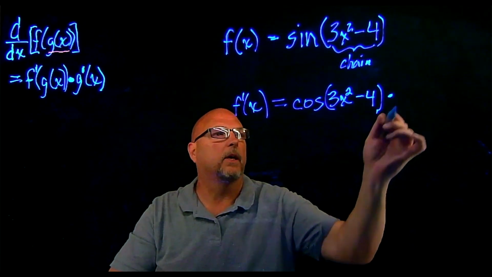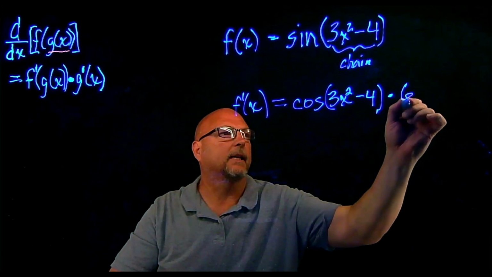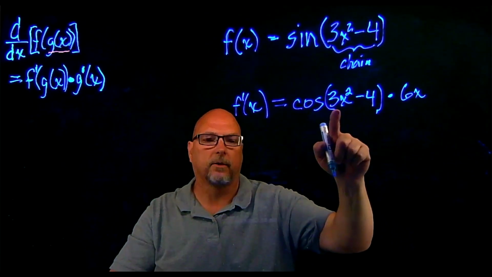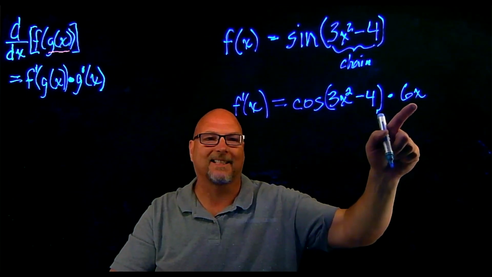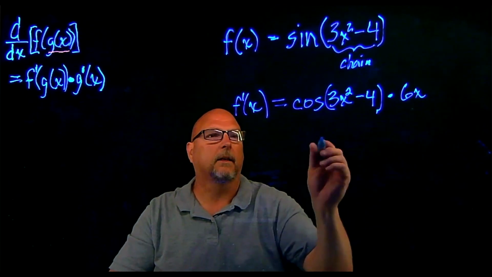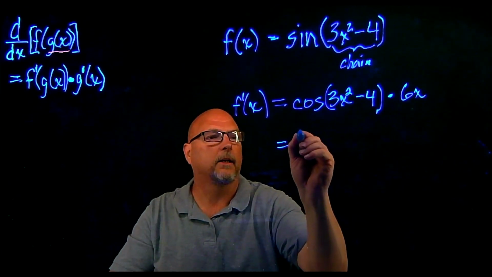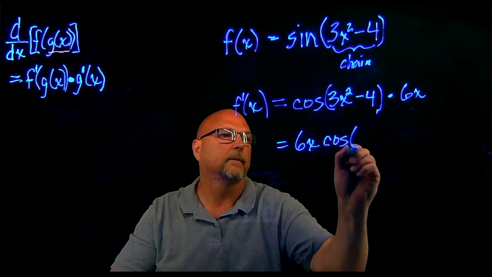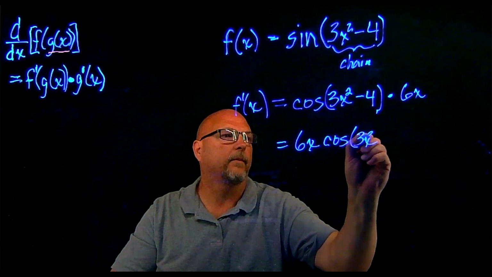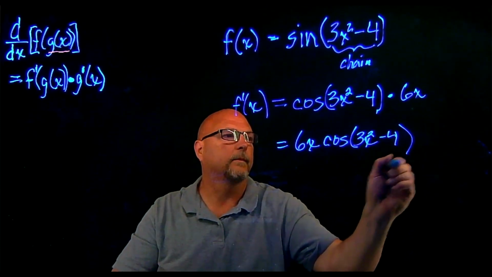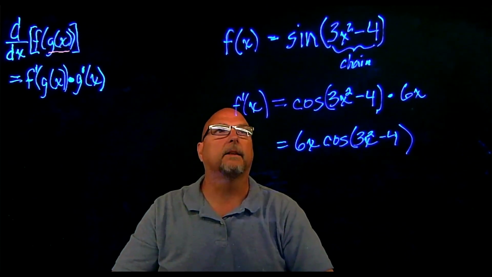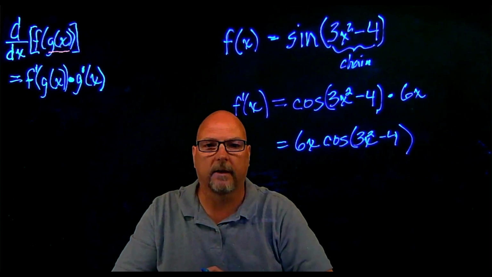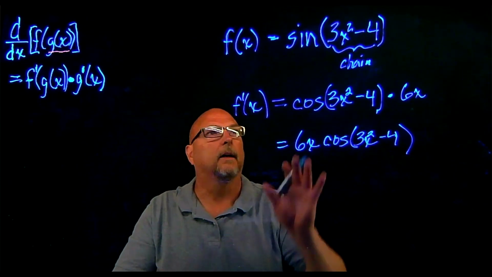So I would end up multiplying this by 6x, because the derivative of 3x squared is 6x. So cleaning it up at the end, you'd probably have 6x cosine 3x squared minus 4. And that, friends, is how we take the derivative of a trig function.